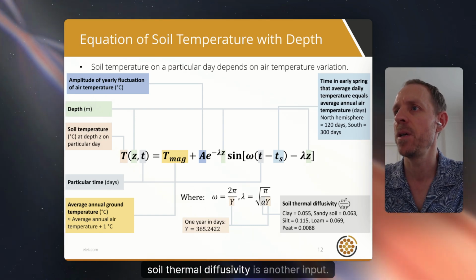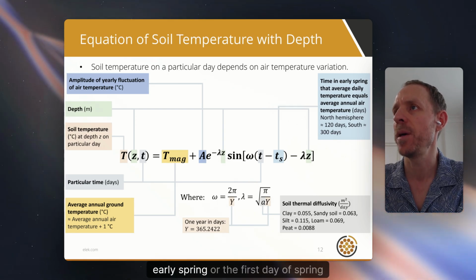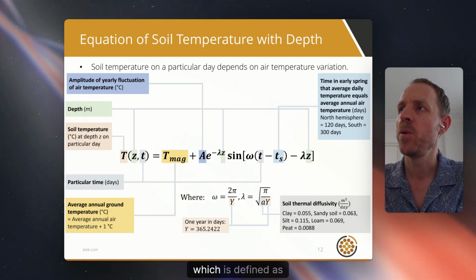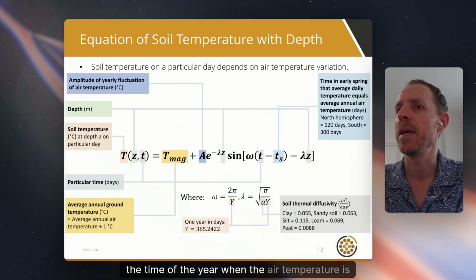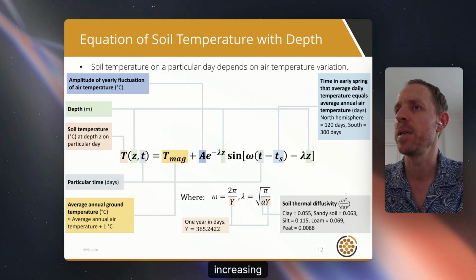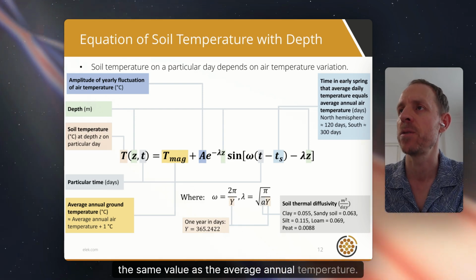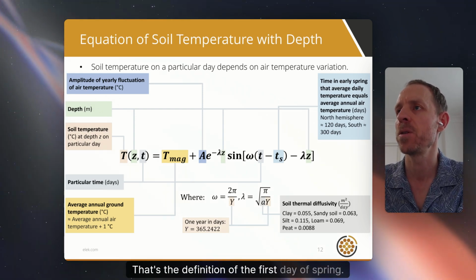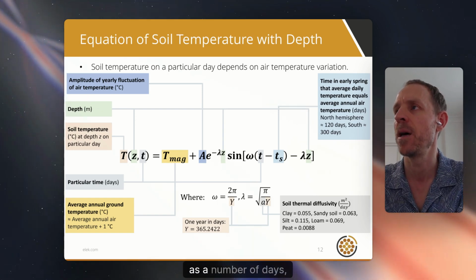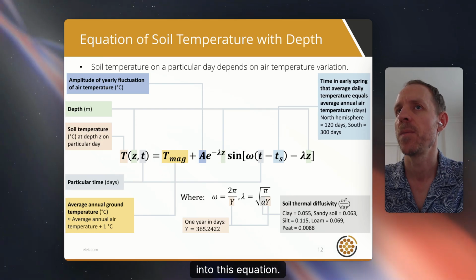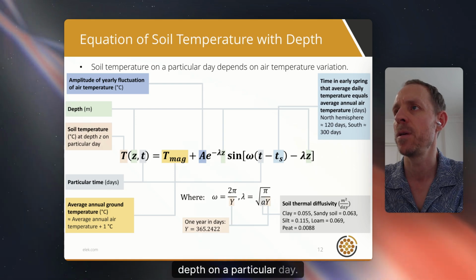Soil thermal diffusivity is another input, and the time of early spring, or the first day of spring, which is defined as the time of the year when the air temperature is increasing such that it reaches the same value as the average annual temperature. That's the definition of the first day of spring. So we need to have that as an input, as a number of days into this equation. And the output is soil temperature at a particular depth on a particular day.